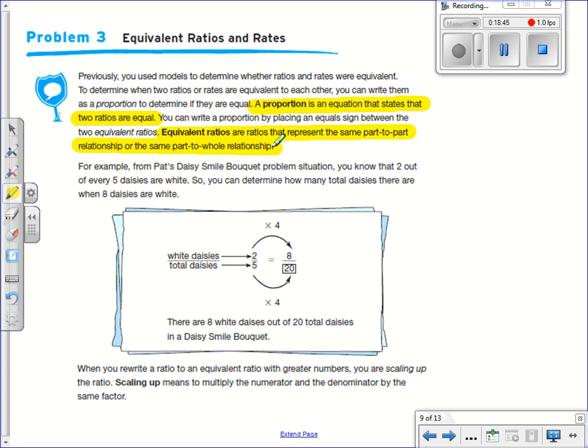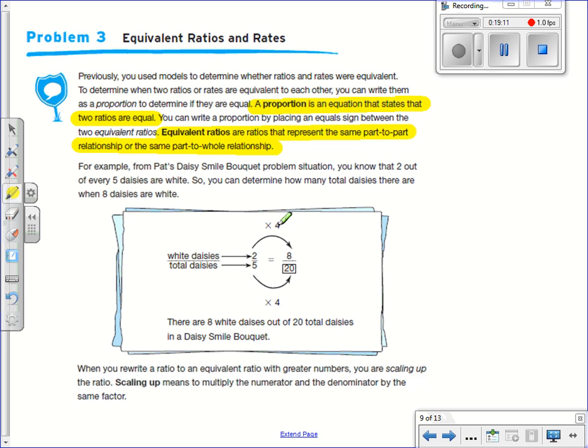For example, from Pat's Daisy Smile Bouquet problem situation, you know that 2 out of every 5 daisies are white. So you can determine how many total daisies there are when 8 daisies are white. This is our ratio to begin with: 2 out of every 5 daisies were white.